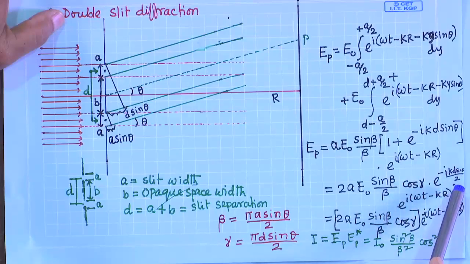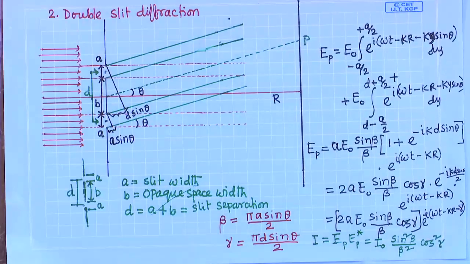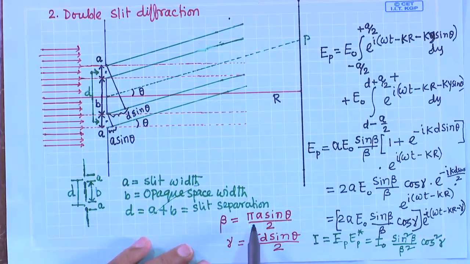The additional term is the additional path, so that is k d. I think lambda will be there. K a sin theta, k is 2 pi by lambda, but where has that lambda gone?